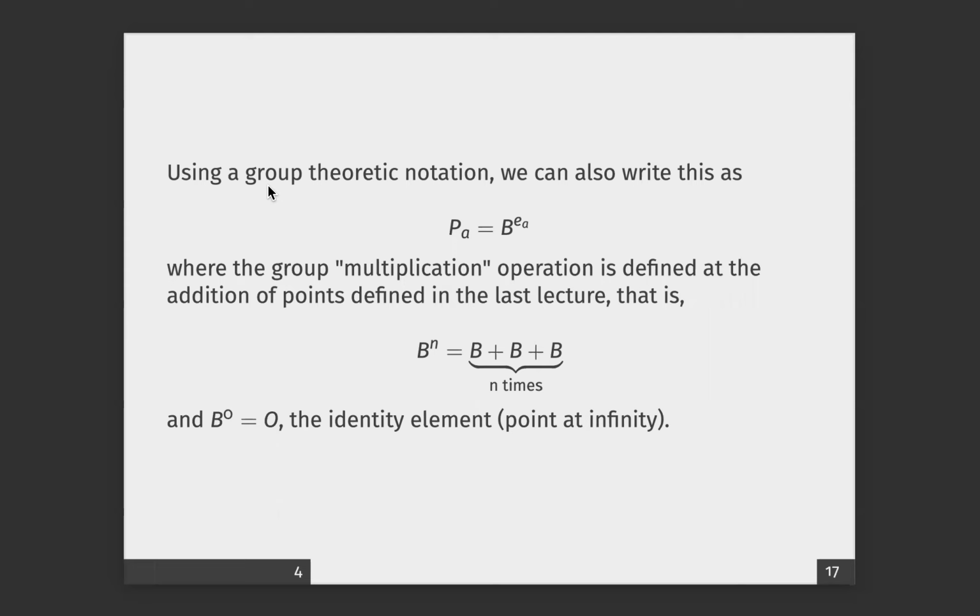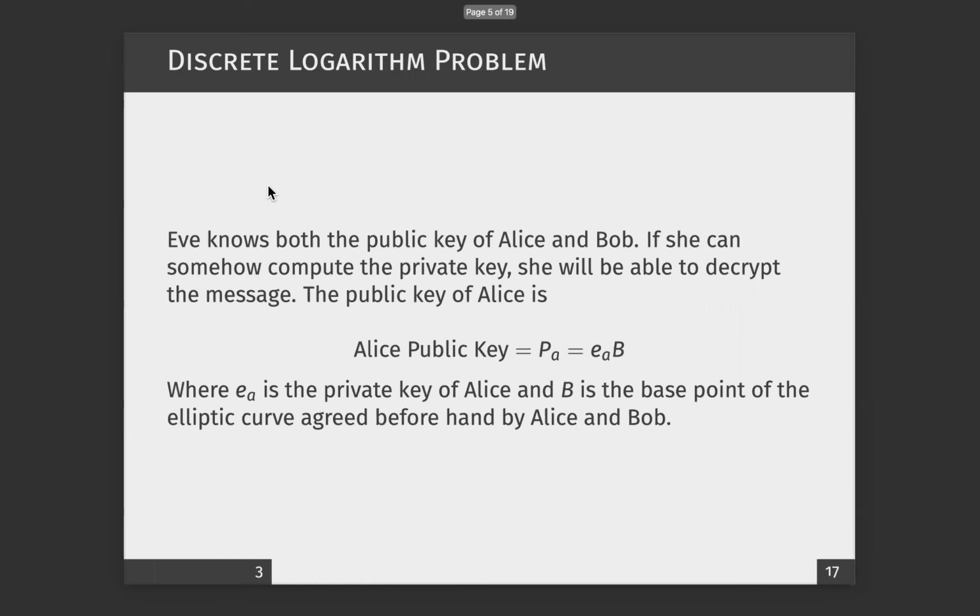For example, we know that the public key of Alice is E_A times B. However, E_A times B in elliptic curve is actually equal to B multiplied to itself E_A times. For example, if E_A is 3, this becomes 3B, but 3B is equal to B plus B plus B.